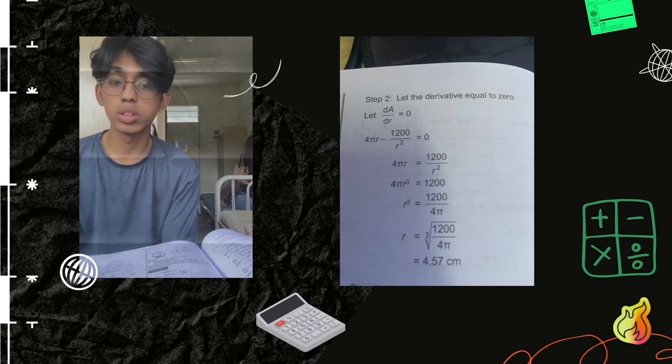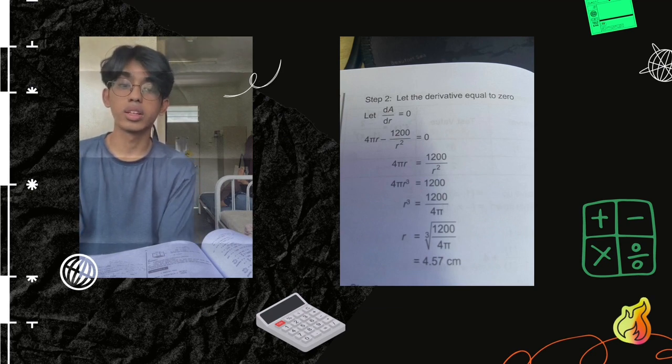Step 2 is to let the derivative equal 0. We let dA over dr equal 0, and we get 4 pi r minus 1200 over r squared equals 0.